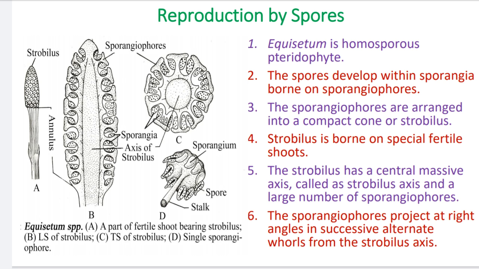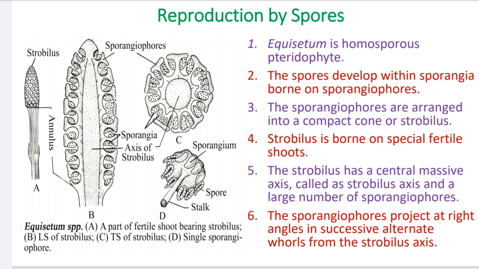You see in diagram C or D, the sporangiophores are disc like at the tip, and at the base of the sporangiophores many sporangia are there. Sporangia are nothing but the bag of spores, the sac of spores, and these sporangia produce the spores.